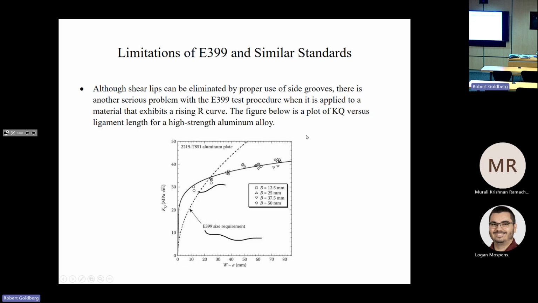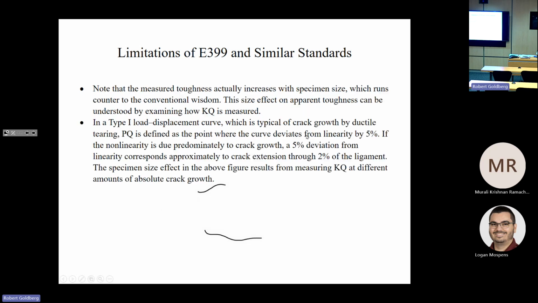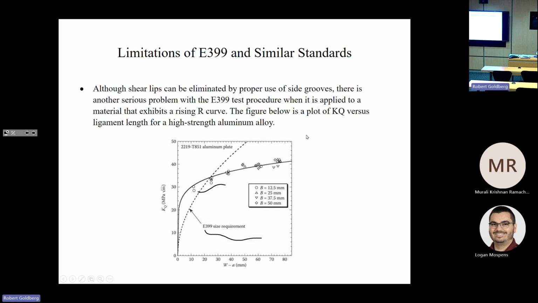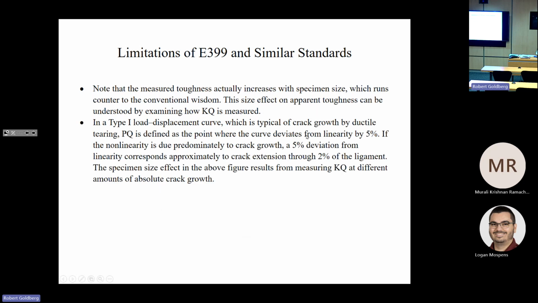Once again, this is the KQ versus W minus A for an aluminum alloy. The measured toughness actually increases with specimen size, which you don't want for a size-independent material property criterion, and which runs counter to the conventional wisdom. This effect can be understood because in this type 1 load displacement curve, which is typical of crack growth, we define PQ as the point where the curve deviates from linearity by 5%.